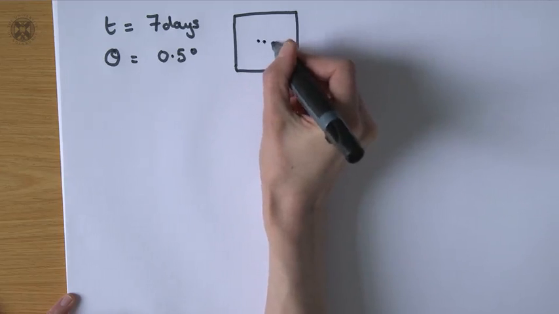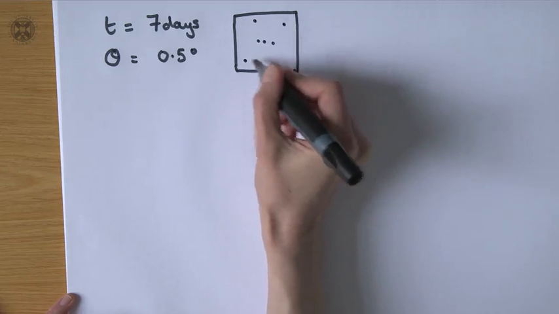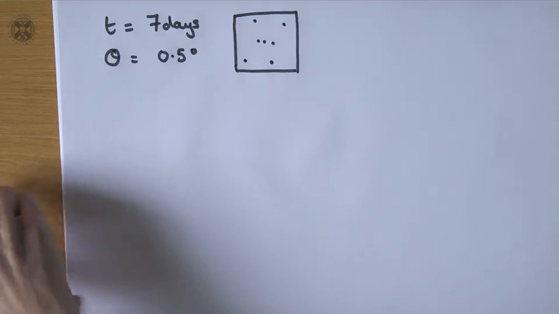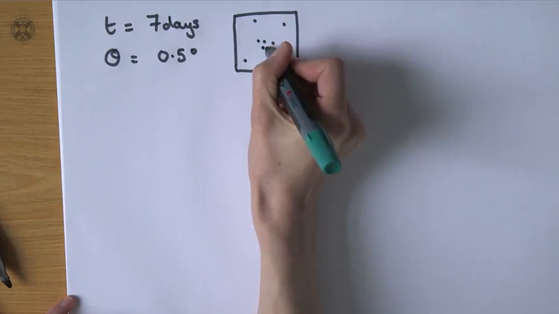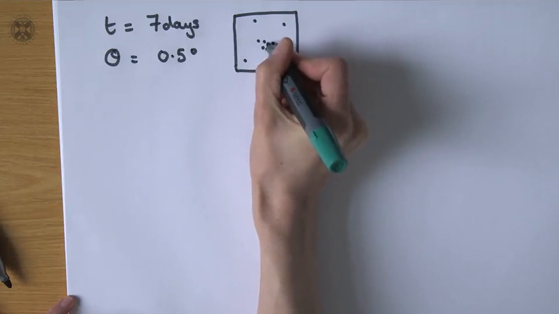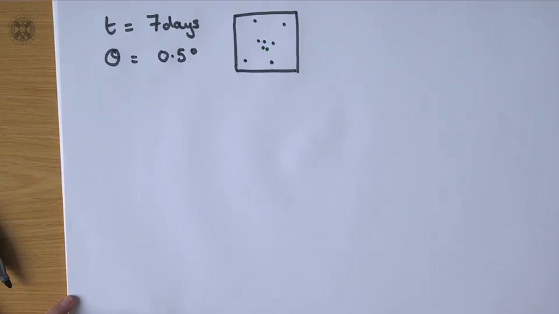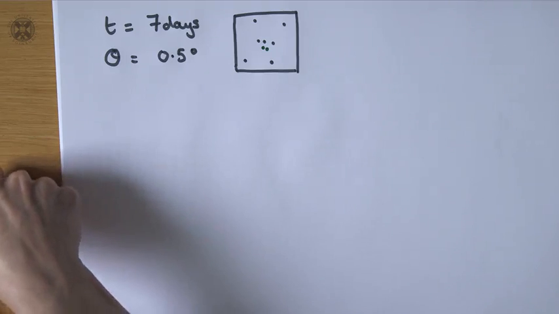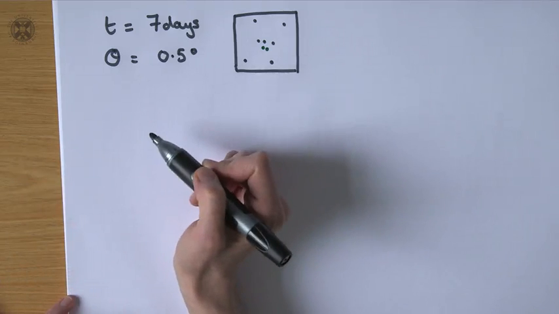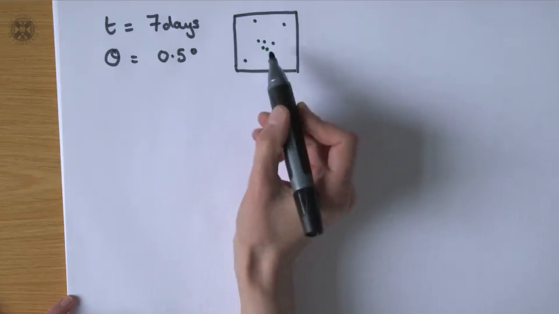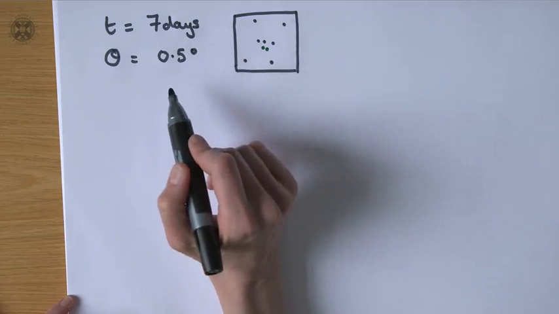I'm sure you've all seen the constellation of Orion. So in those 7 days, our asteroid has moved roughly halfway between two of the stars in Orion's belt. Another frame of reference is 1/2 degree is about the size of the full moon on the sky. Okay, so our asteroid has moved that far in 7 days.